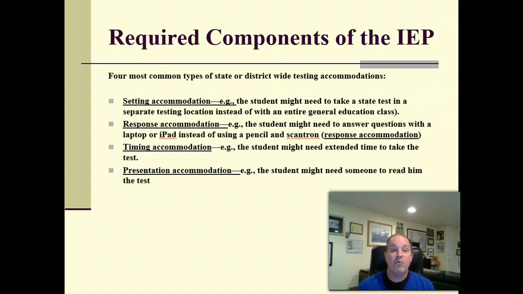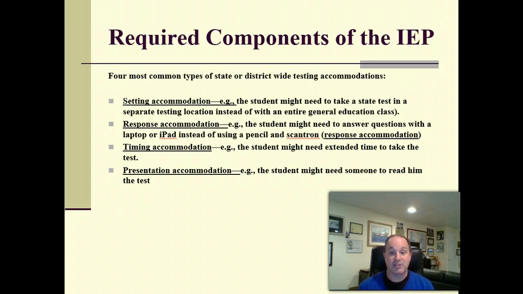Now, there are four common types of state or district-wide testing accommodations. First, there's setting accommodation. A setting accommodation is where the student might need to take a test in a separate testing location instead of with an entire general education class. So we're going to change the setting for the child when it comes to testing.